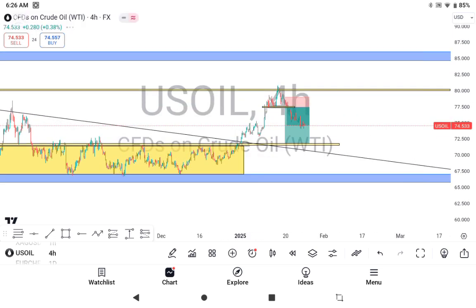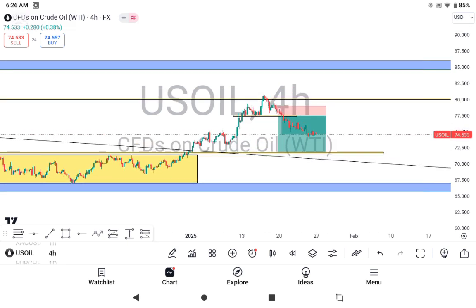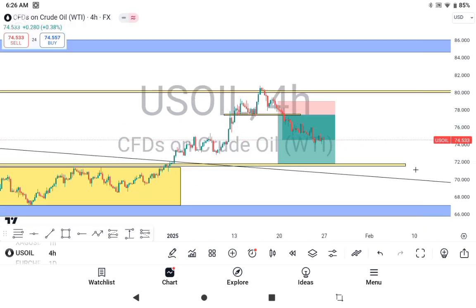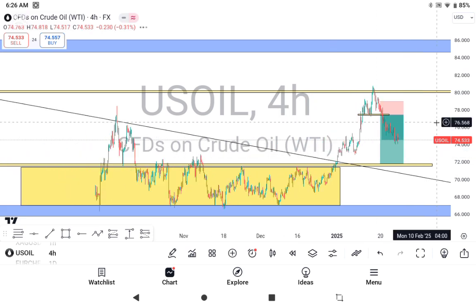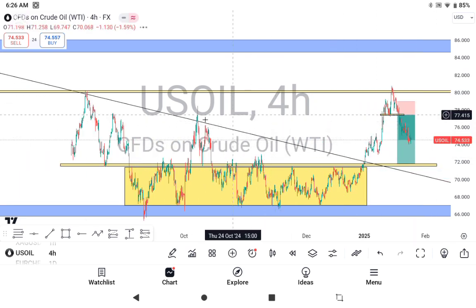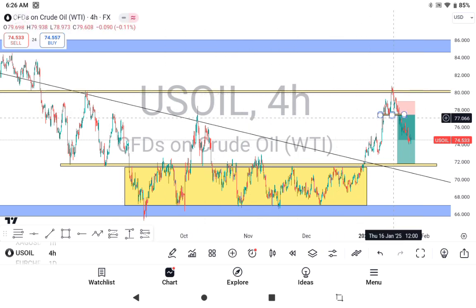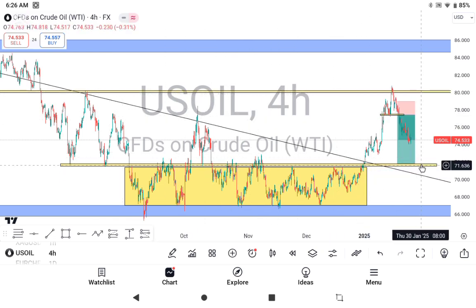Now on the 4 hour time frame, this yellow bar right here was a strong minor level of resistance that rejected that price and pushed it back to this level right here. US oil price is coming right here.